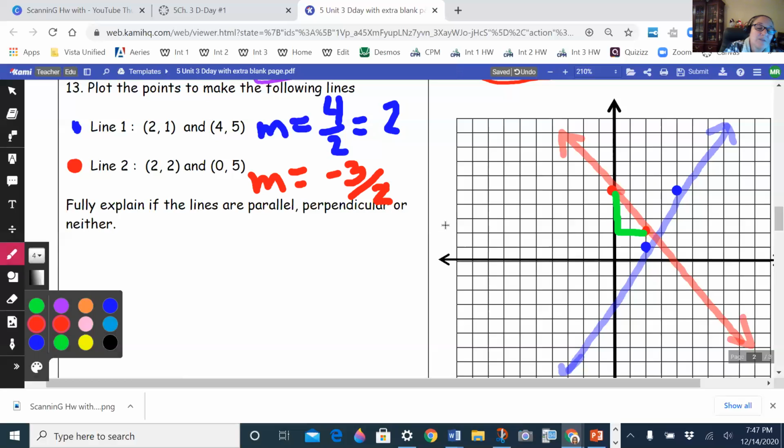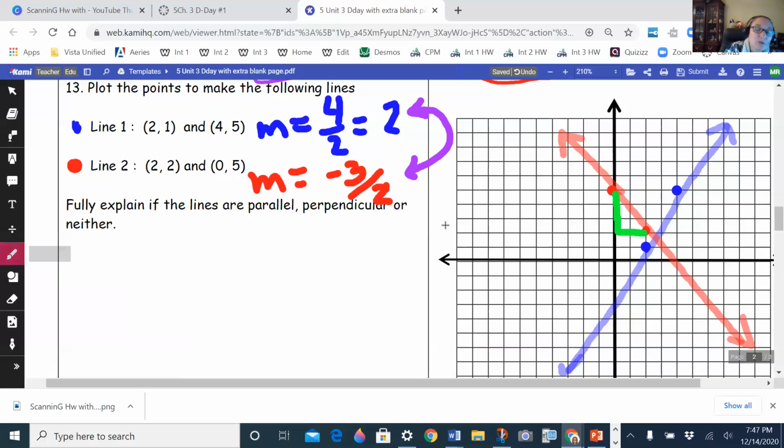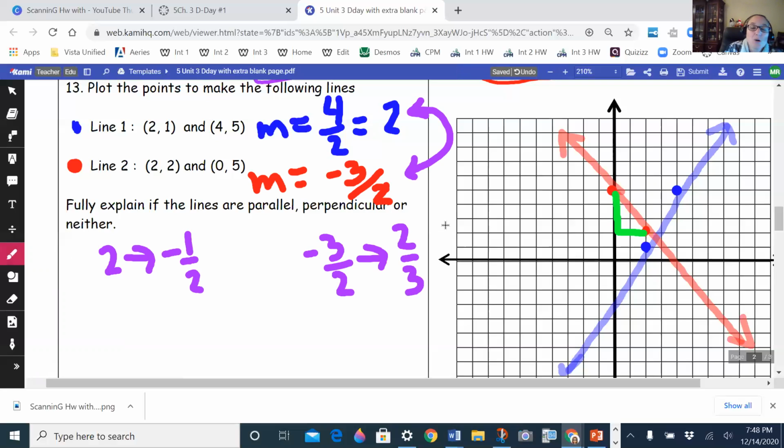Now, if these were the same slope, then that would be parallel. If these were negative reciprocals, then these would be perpendicular, but it's not. The negative reciprocal of 2 would have been negative 1/2. The negative reciprocal of 3/2 would have been a positive 2/3. We did not get these. So not parallel, because they're not the same.